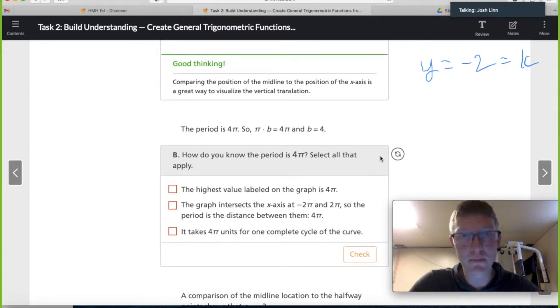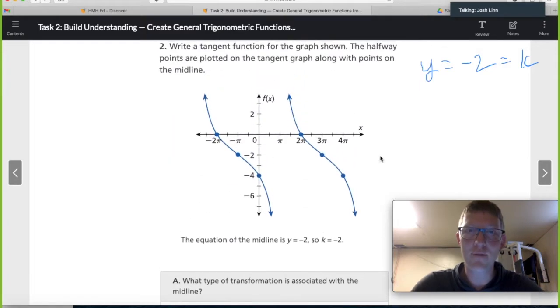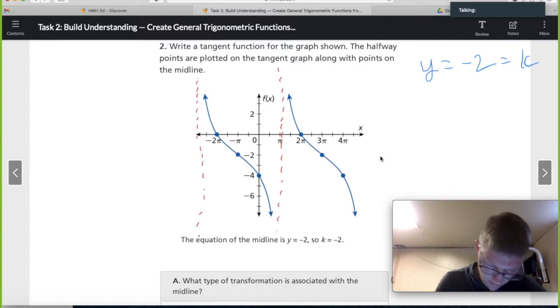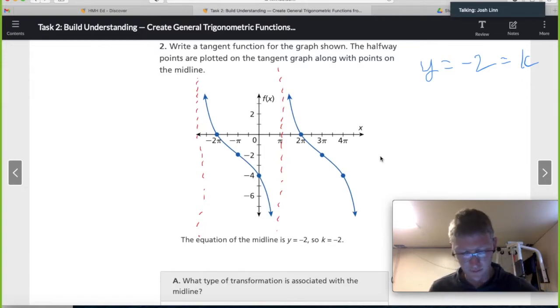So the period is 4 pi. And the way they found that, let's draw in some asymptotes here. My lines aren't very straight, but whatever.